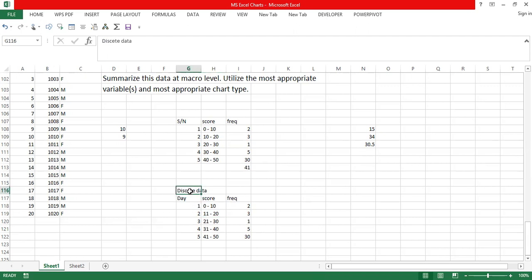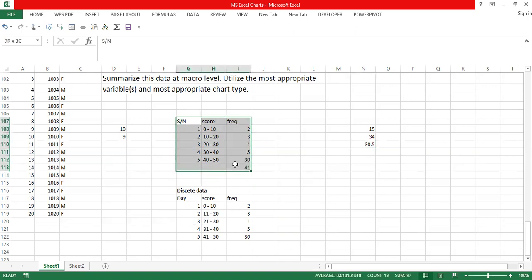That's an example of discrete data. Data that can be counted, that's usually counts. Continuous data is data that you measure, so it can have decimals.